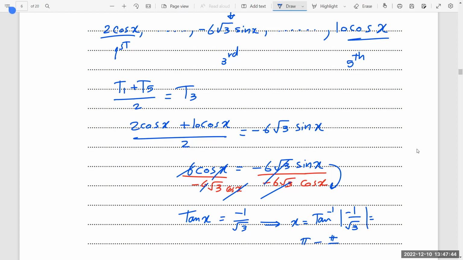This is pi over 6, the reference angle. I take the absolute value to get the measure of the reference angle, and after that I put it in the second quadrant. So the answer is 5 pi over 6.